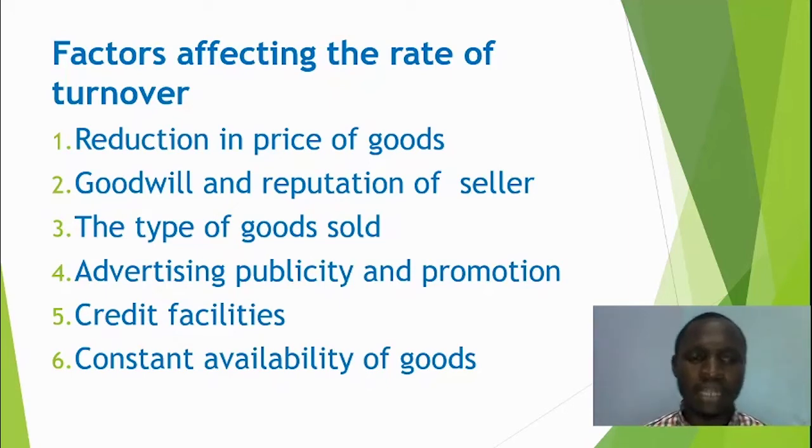Reason being that people will always consume food, unlike other goods that people might not want to consume immediately. But goods that can be consumed immediately might attract more sales because people will definitely consume. Then we have advertising, publicity and promotion.